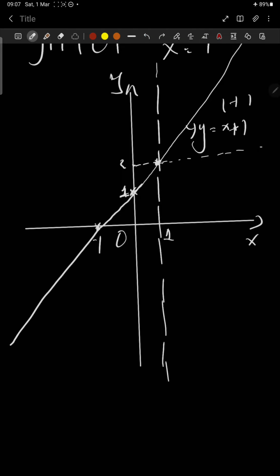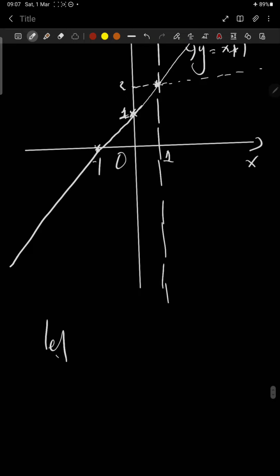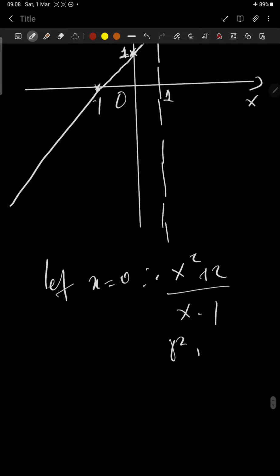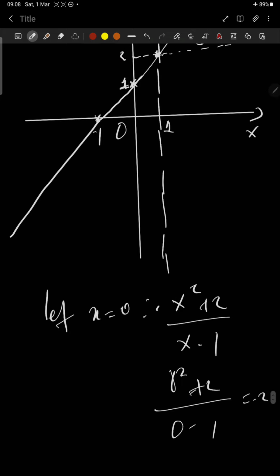Before the vertical asymptote, which is 1, I'll pick 0, as 0 is the best. So I'll let x be equal to 0 and replace it there: 0 squared plus 2 over 0 minus 1. The answer is negative 2, so I have 0, negative 2 as my y value.